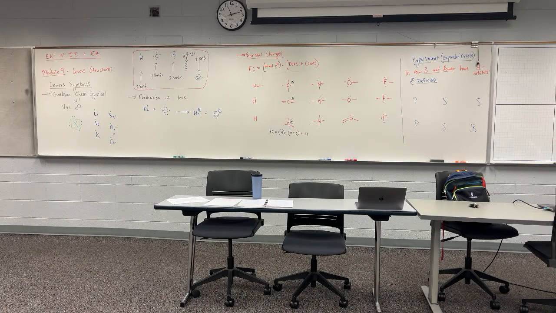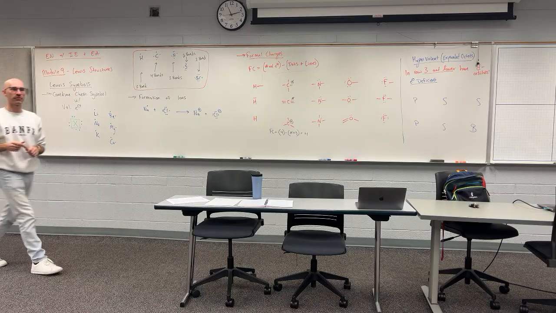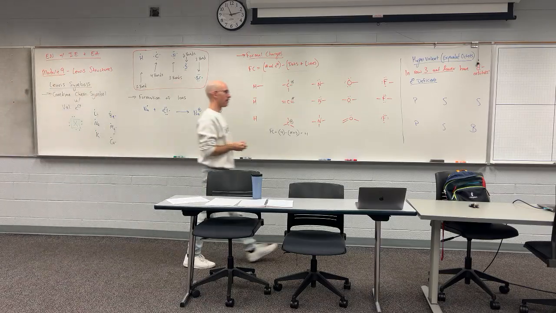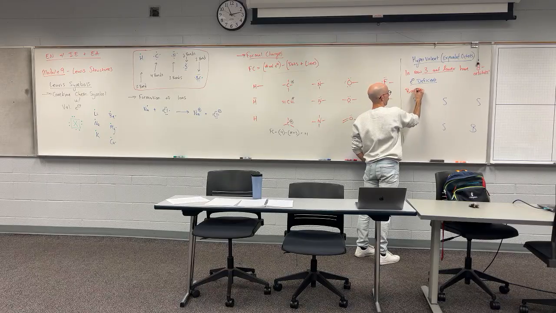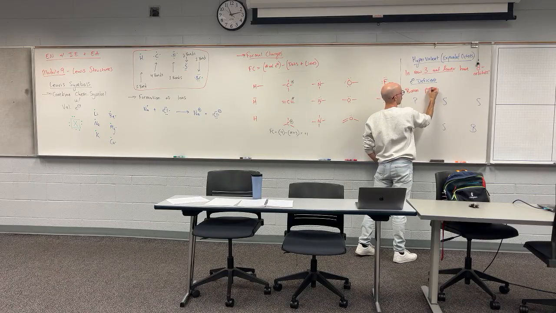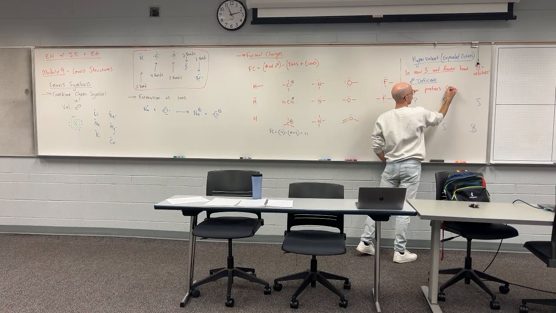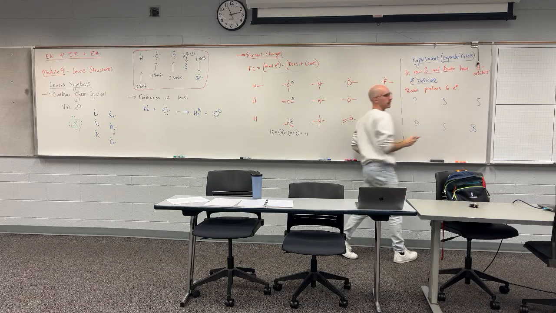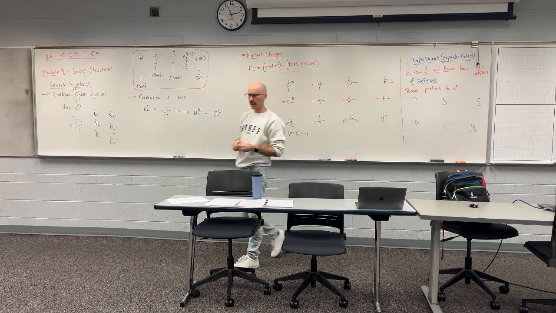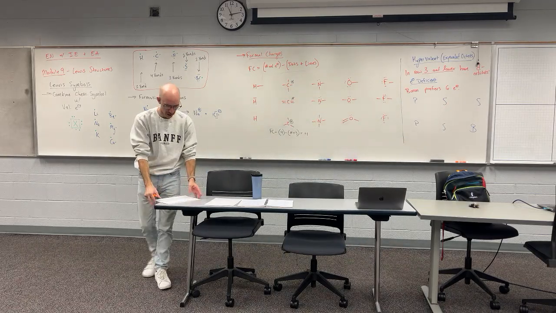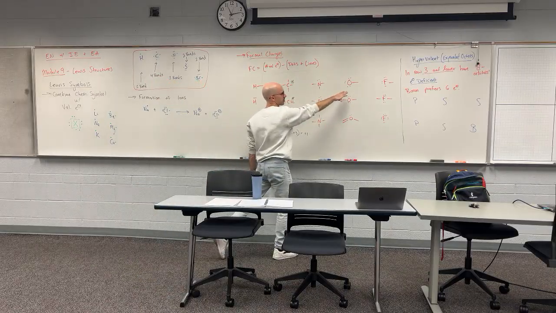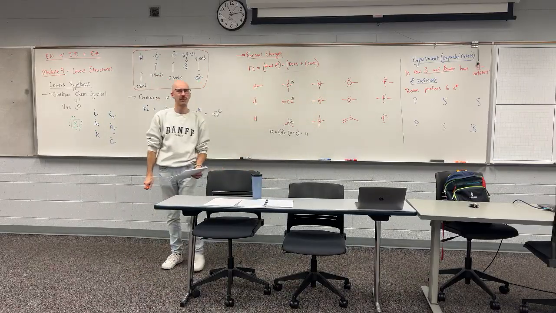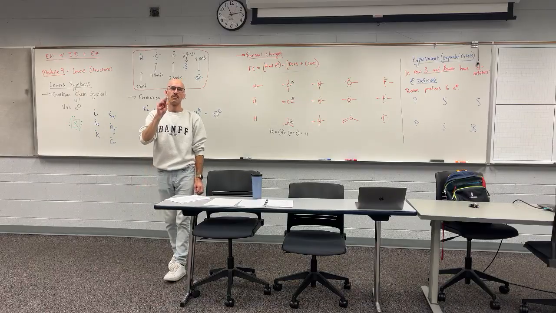And then we have some electron deficient species, the most notable of which is boron. Rather than trying to fill its outermost shell, the second shell, just like carbon, nitrogen, oxygen, and fluorine, boron actually prefers 6 electrons.